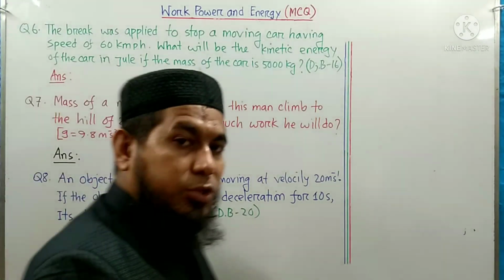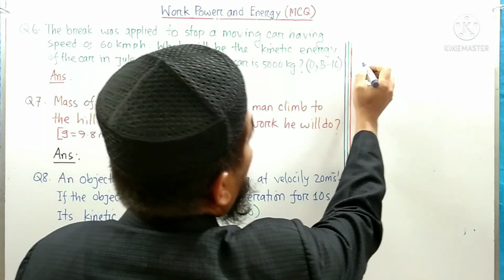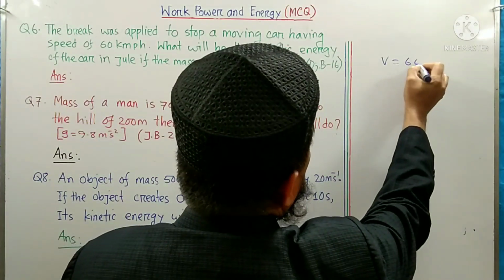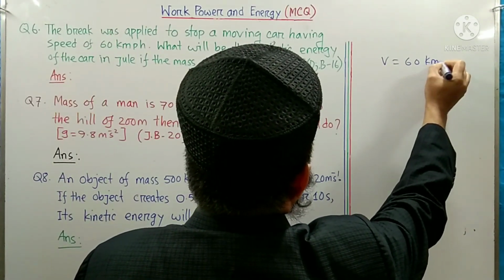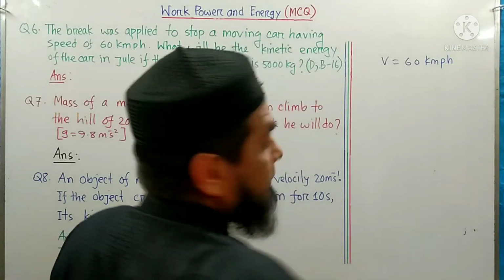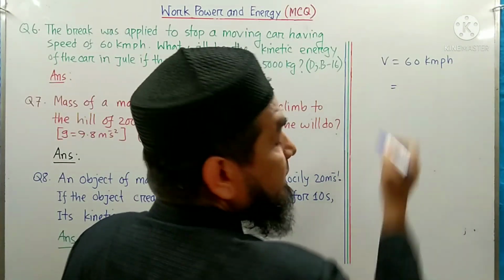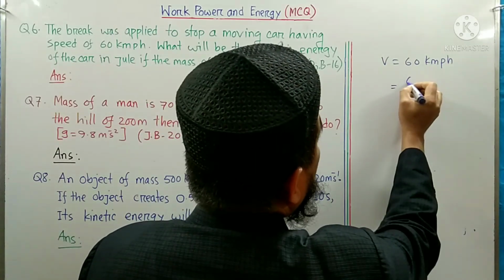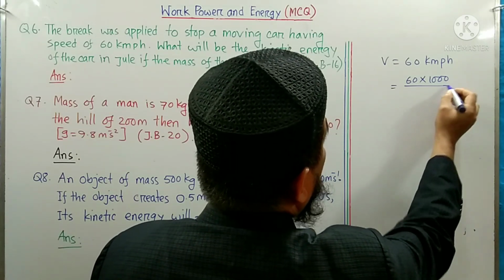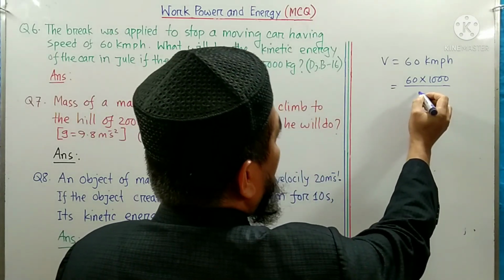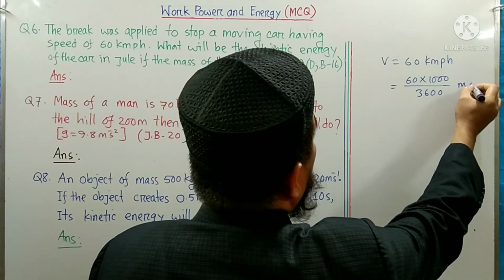First of all, students, we have to determine the velocity of the car. V is equal to 60 km per hour. So we have to convert it to meter per second. 60 into 1000 meter, and one hour will be 3600 seconds.